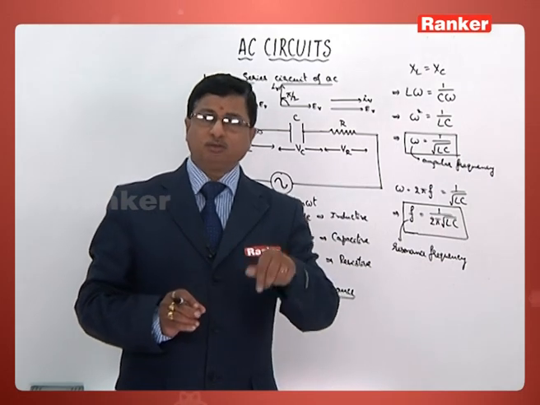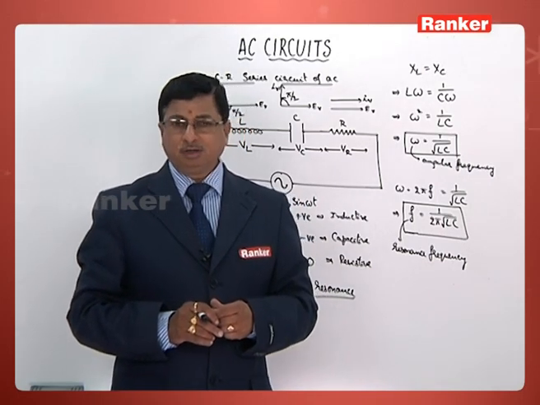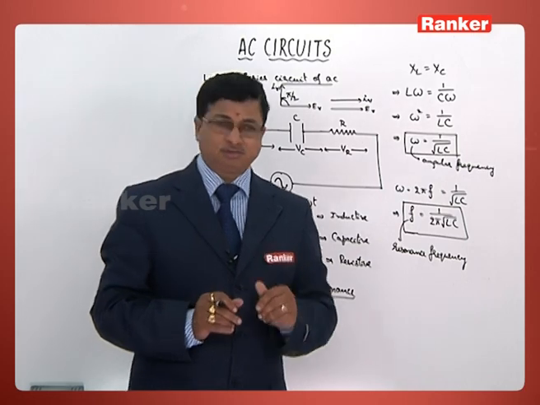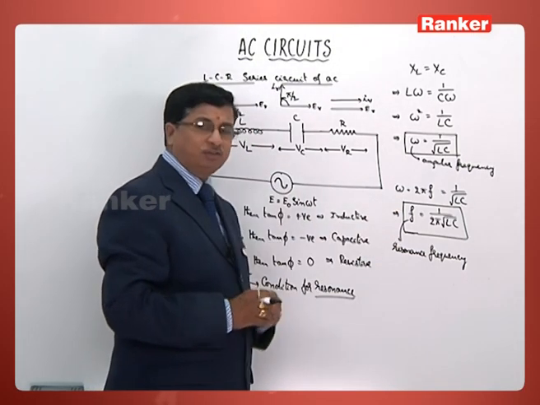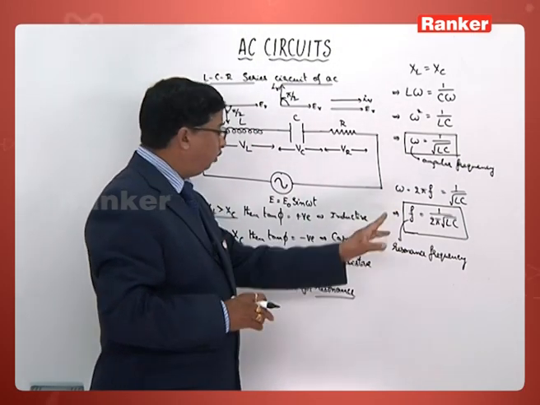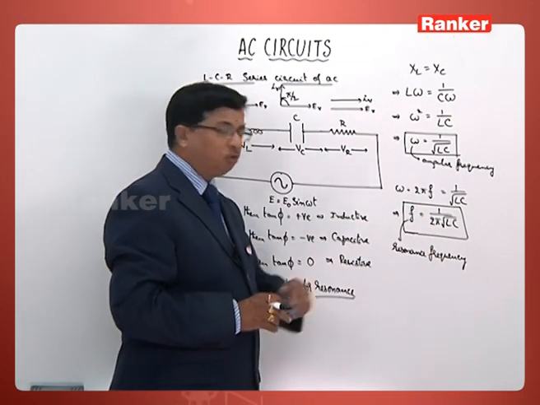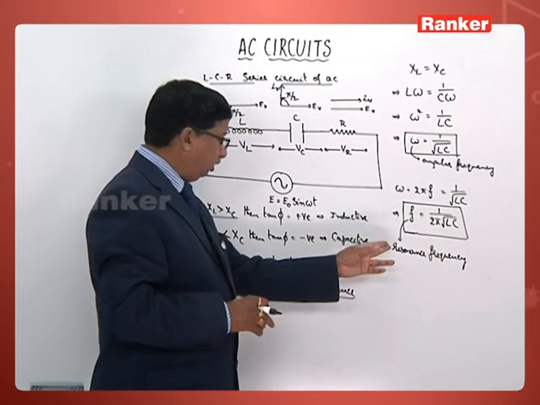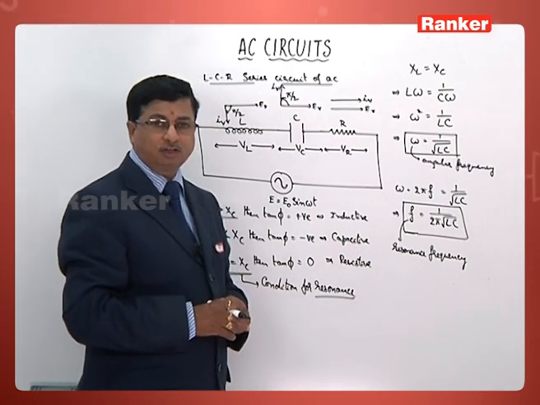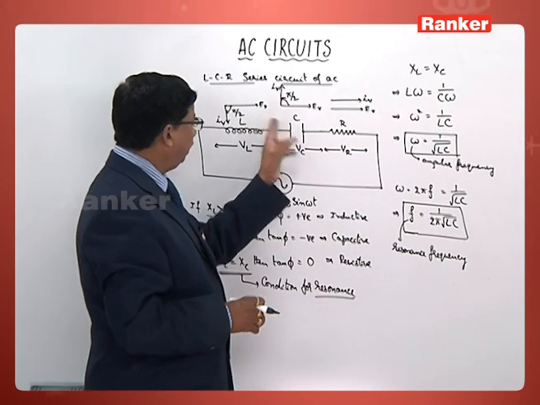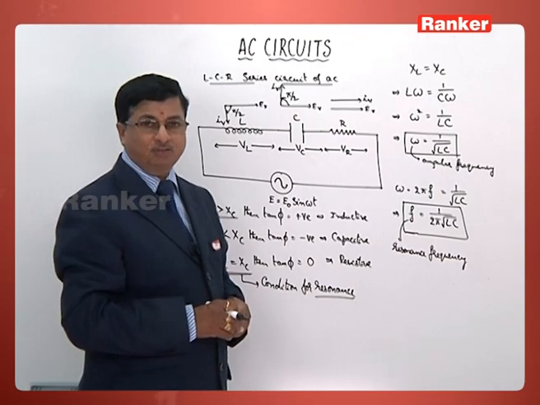CR circuit is a wonderful resonating circuit. That also we have to discuss as far as this equation is concerned. So f is equal to 1 by 2 pi root LC is the resonating frequency of the LCR circuit, which of course is taken in series sequence over here.